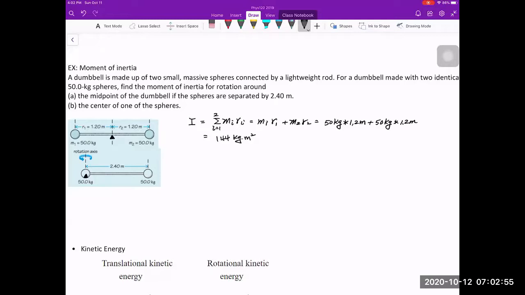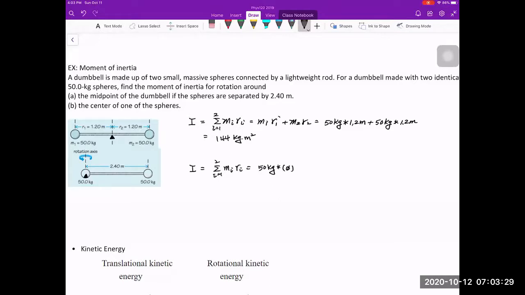But if you're rotating about one of the spheres, now this one is going to be different. You can still use the same way to find your total moment of inertia for two different objects. However, let's say the first one is on the left, it's still 50 kilograms. But what is r? Well, r is right at the center of the rotation, so r is simply equal to 0.